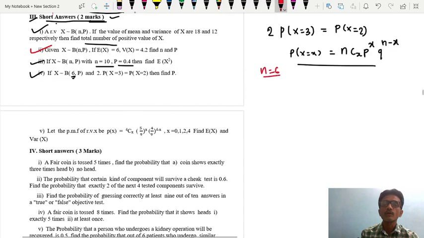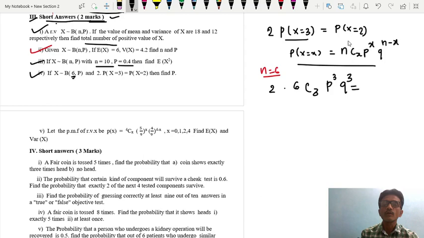So in this formula 2 times here p of x is equal to 3. So यहाँ पे n 6 है, 6cx is what, 3, p, we have to find x is 3, into q raised to n minus x, मतलब 6 minus 3.